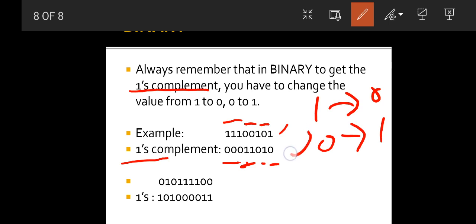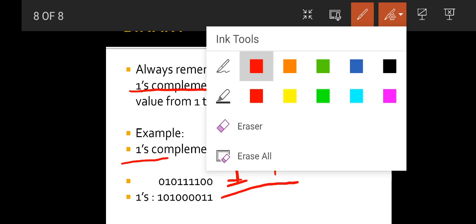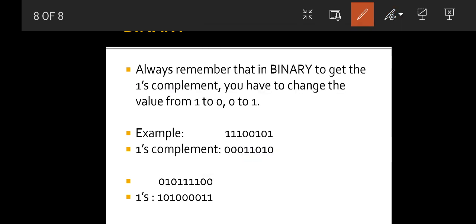So whatever the result for your diminished, you just add 1 to it. But the question is, do you know how to add binary numbers? For those who know, it's better. But for those who don't, I will teach you how to add binary numbers.